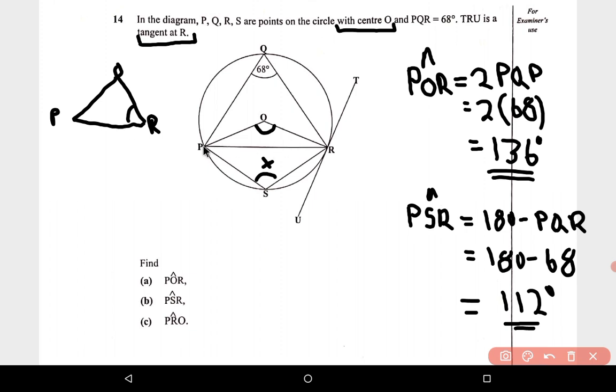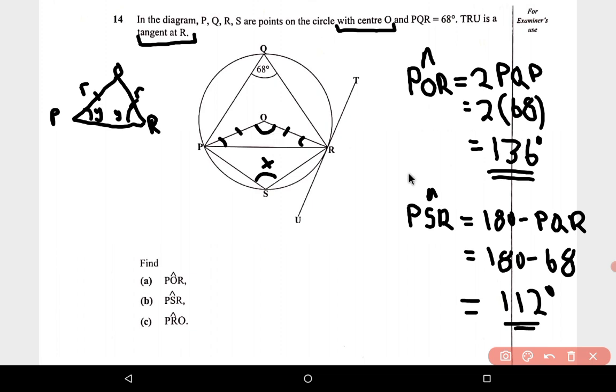This is a line drawn from the circumference to the center, so this is a radius, and this is also a radius. So this makes the small triangle an isosceles triangle, and in an isosceles triangle the base angles are equal. If I give one the letter y, the other one also gets y because they are equal. The base angles are equal because the sides are both radii.